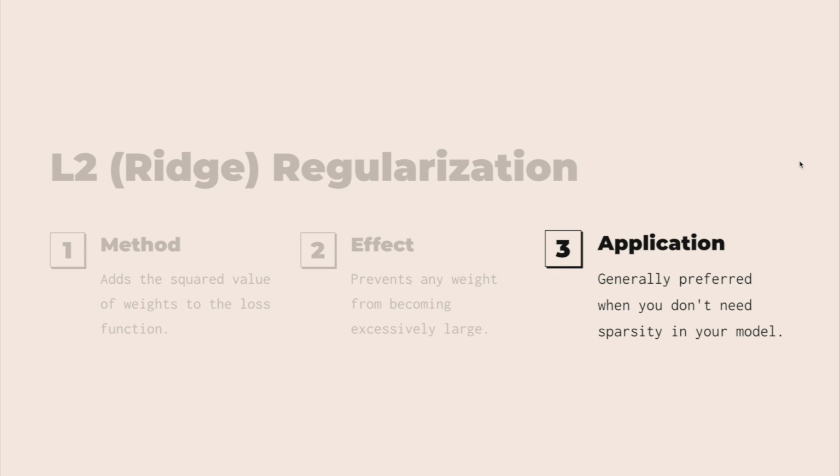And so that causes the model to not rely too heavily on any one certain feature, just in case that feature isn't actually super important, or doesn't exist out in the real world. It spreads the importance across the features a little bit better. And this is generally preferred if you don't need sparsity in your model. Having a sparse model reduces computational complexity and reduces the number of features. But if you don't need that, and you're okay having lots and lots of features, then L2 regularization might be good for you.